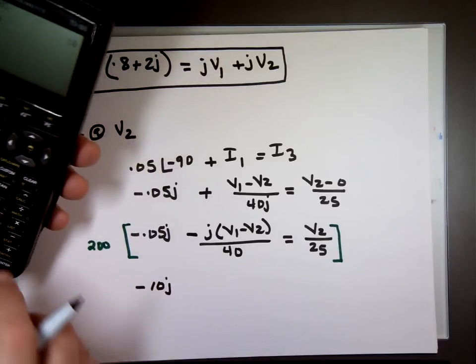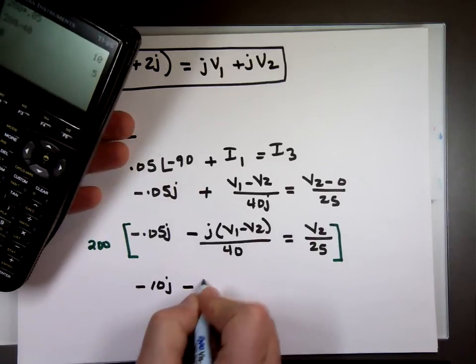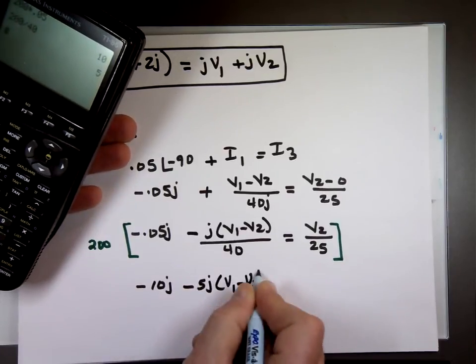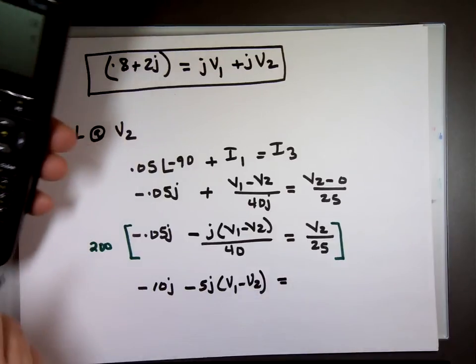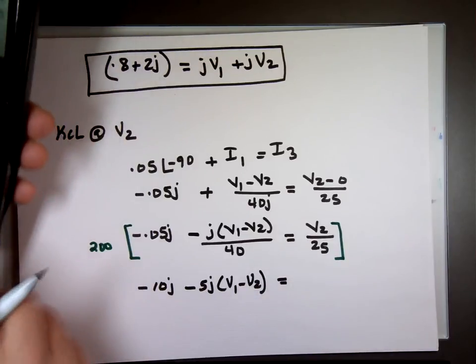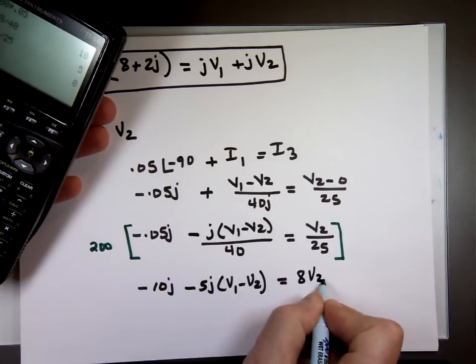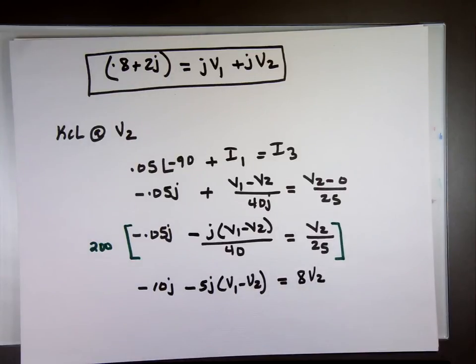Negative 5j times V1 minus V2 equals 8V2. Clean it.